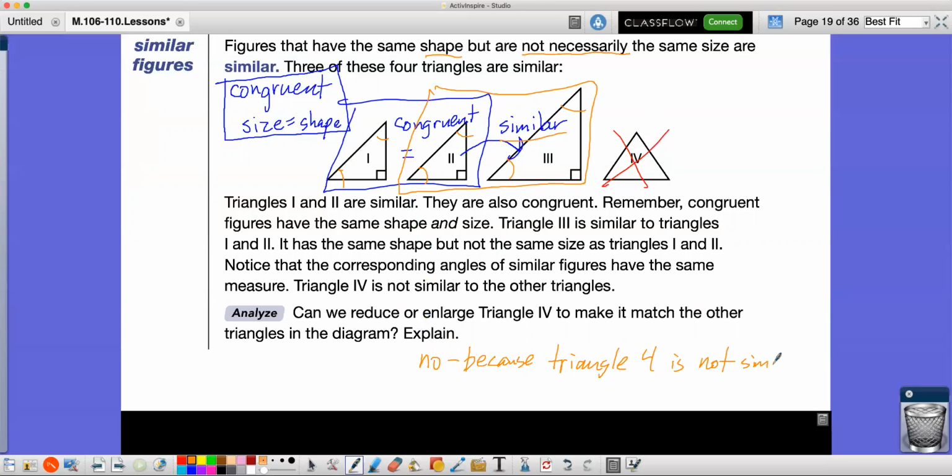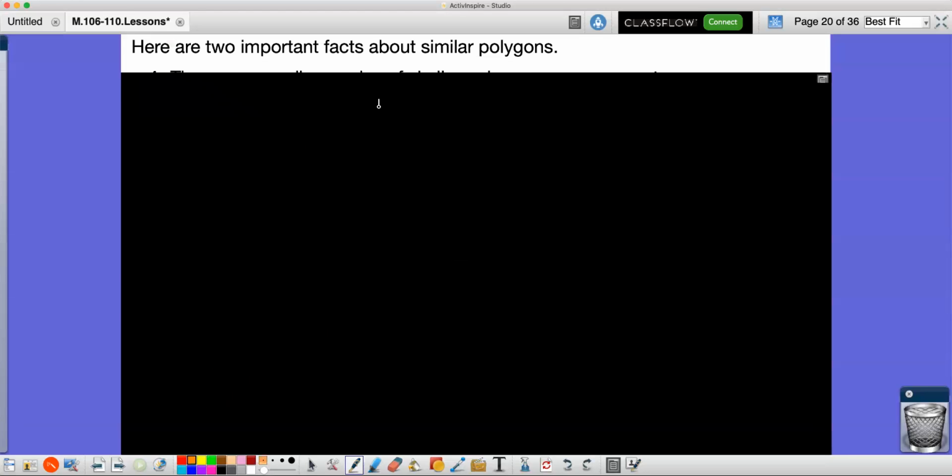If it was similar, then you could actually match it. Then it would be congruent. So triangle 3, we could reduce the size of it and make it congruent. Since it's similar right now, we could change it from being similar to congruent if we reduced its size. Or if we made triangles 1 and 2 larger, that would make them congruent to triangle 3.